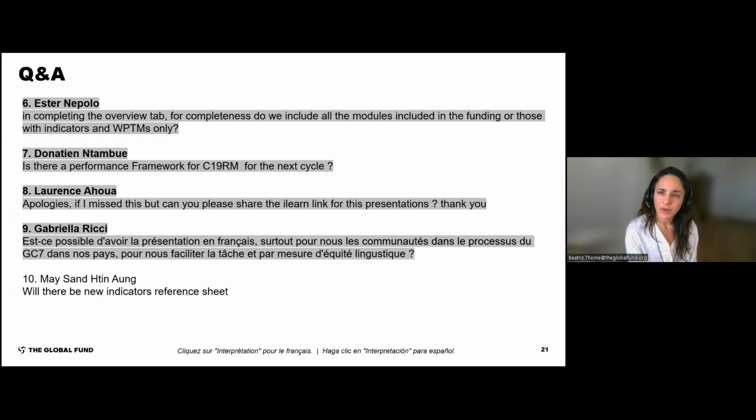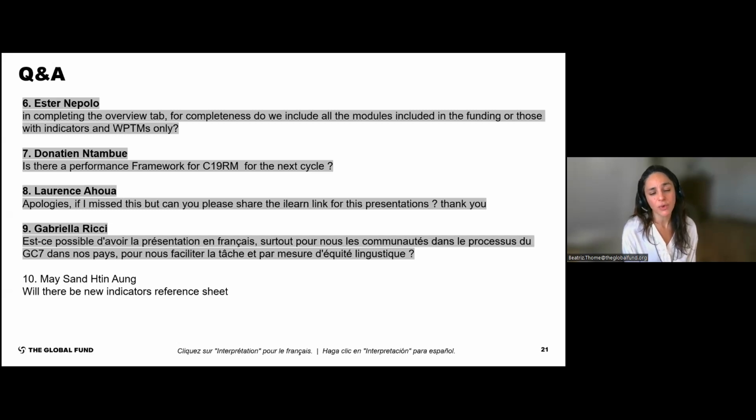In particular, with regards to RSSH indicators, some have been added, and of course these have to be revised based on global guidance. In the last years, there have been revised guidelines for the 3 diseases.